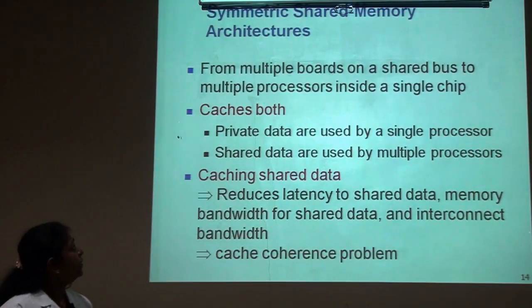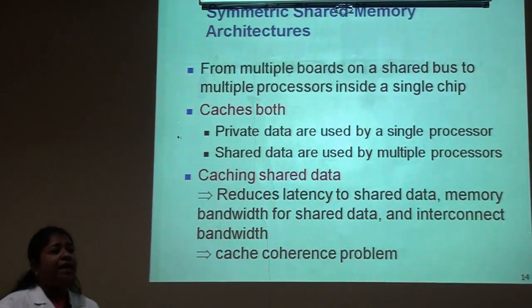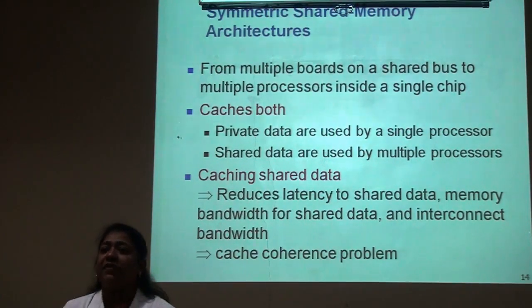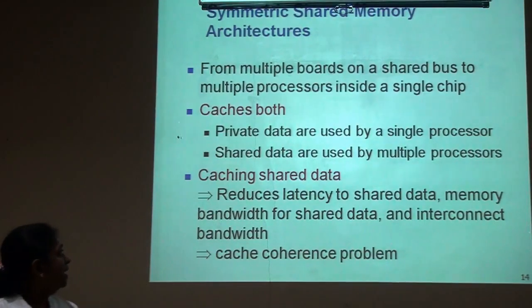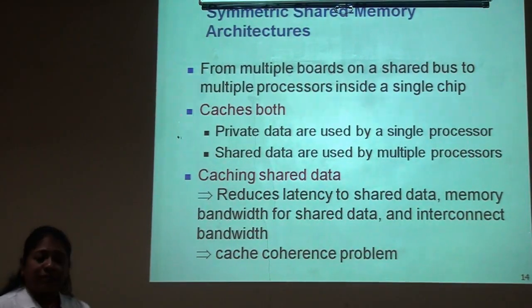And next one is the symmetric shared architecture. When we discuss the symmetric shared architecture, we are using a common memory. When we use a common memory and every processor has a separate cache memory, every time the cache wants to update the data in the main memory, that is very, very important. If it is not updated properly, we can get a problem. Sometimes we use private data, there is no problem.